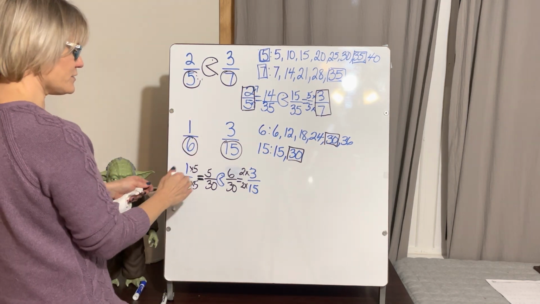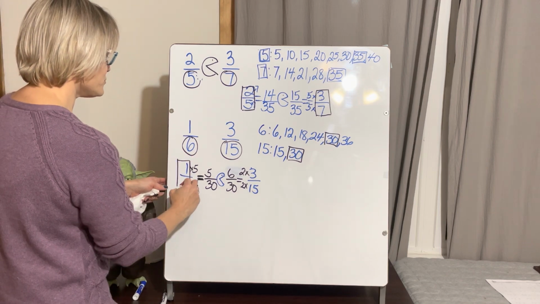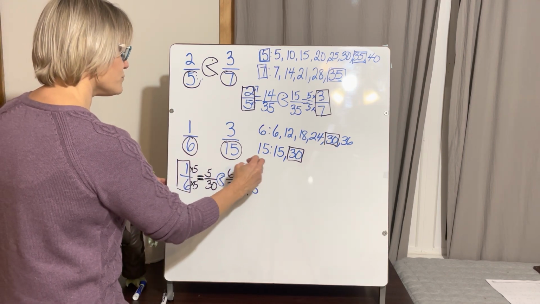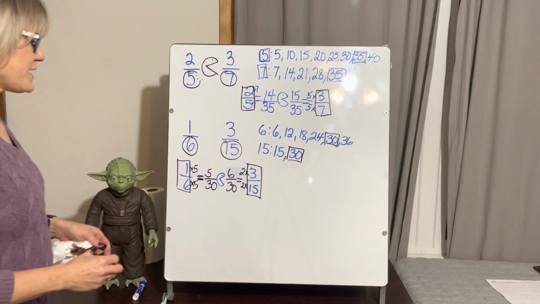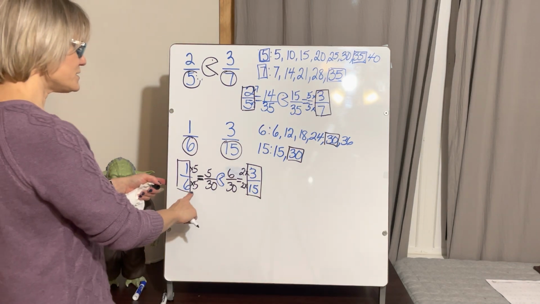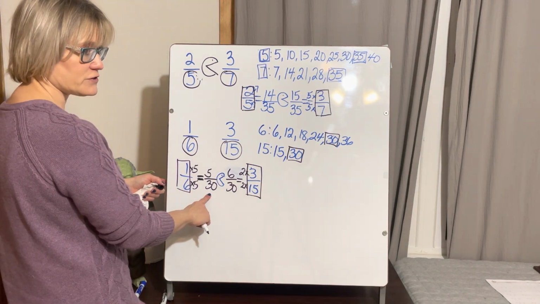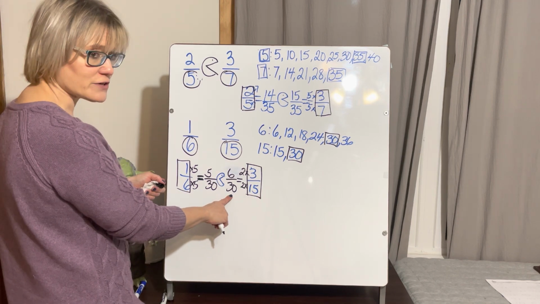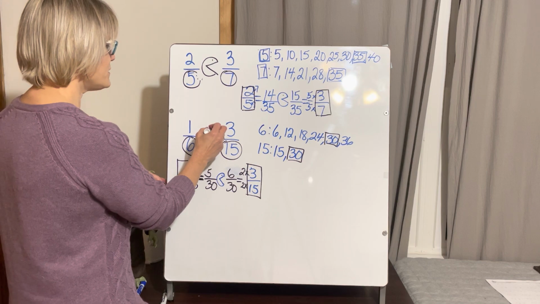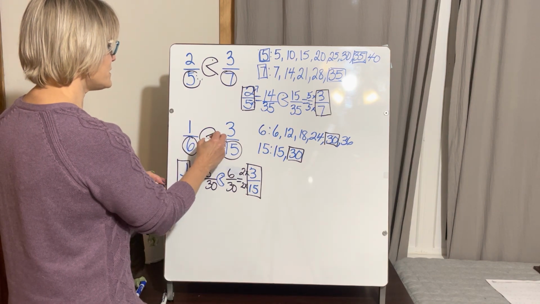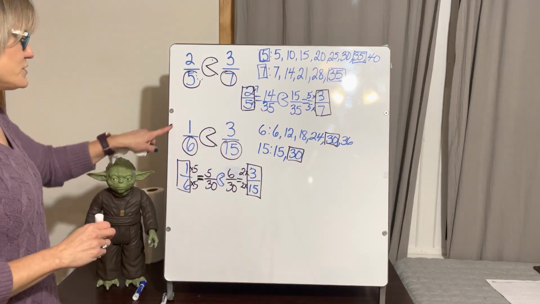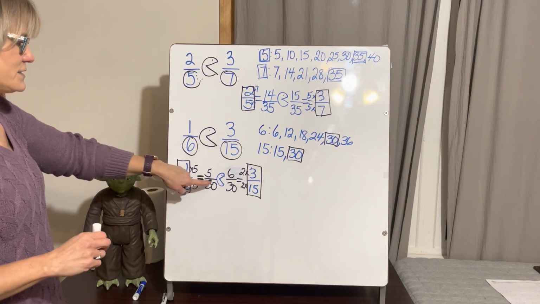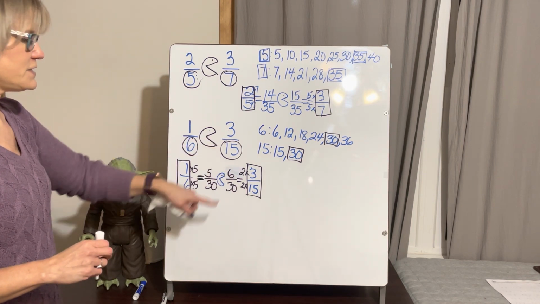Again, the same thing here. 1/6 was my original fraction. 3/15 was my original fraction. So since 1/6 and 5/30 are equivalent, and 3/15 and 6/30 are equivalent, then I know that I can write the less than sign here also, because 1/6 is less than 3/15.